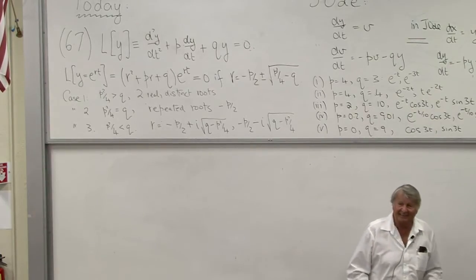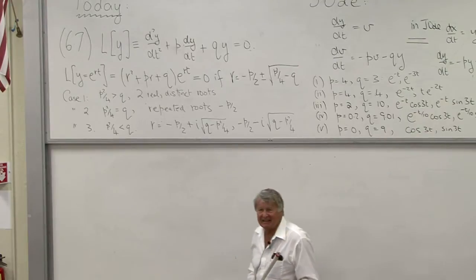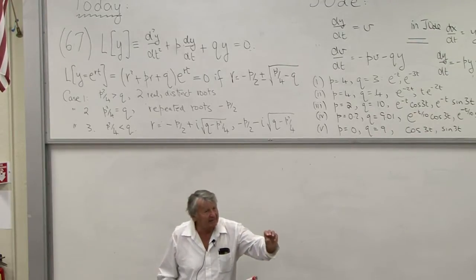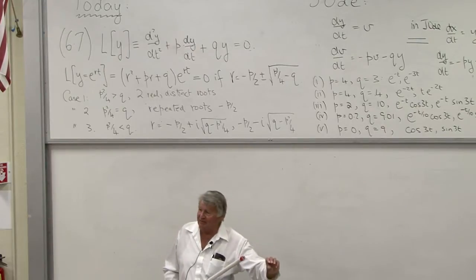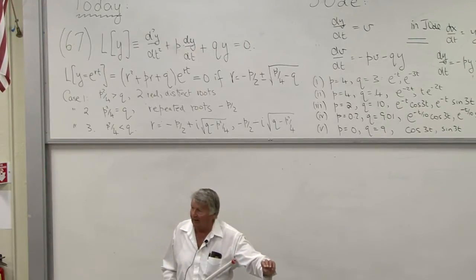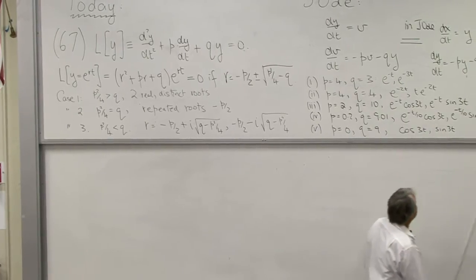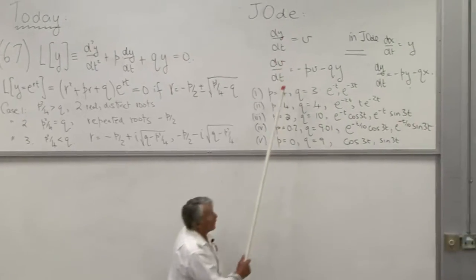Except in JODE, our dependent variable is always x, and its derivative, dx by dt, is y. So the x and y in the program corresponds to what we call y and v.